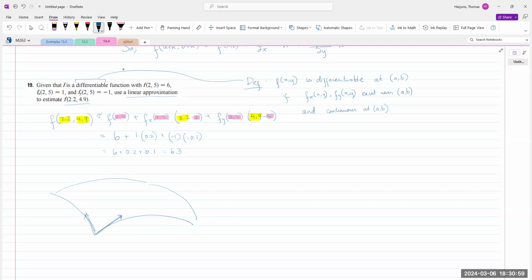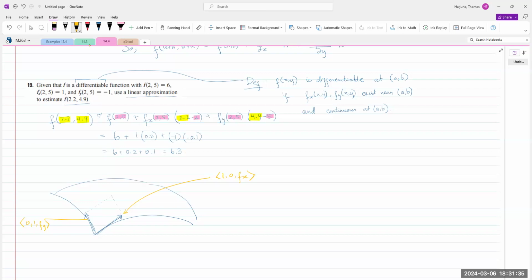Now notice that those two vectors form this parallelogram. This vector here is (1, 0, f sub x), right? And this vector here is (0, 1, f sub y).